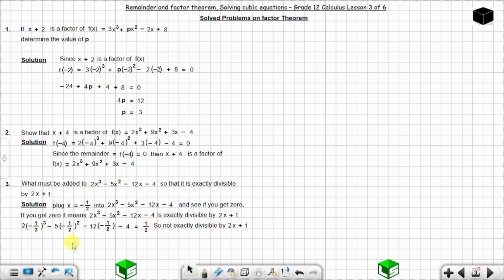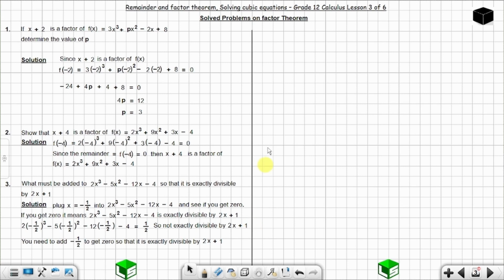You need to add negative 1 over 2, because when you add the two numbers, you get 0. So you need to add negative 1 over 2 so that it is exactly divisible by 2x plus 1. This is how you can solve this question.